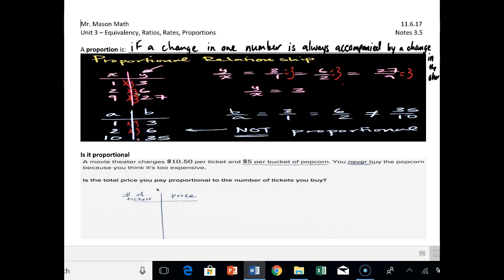But then 10 to 35, this is times, I don't know, 3.5 maybe. So let's do B to A. Are they proportional? The ratio is 3 to 1, that's 3. 6 to 2, that's 3. But 35 to 10 is not the same. It's 3.5. So these are not proportional because it does not have the same constant rate, constant multiplier throughout.